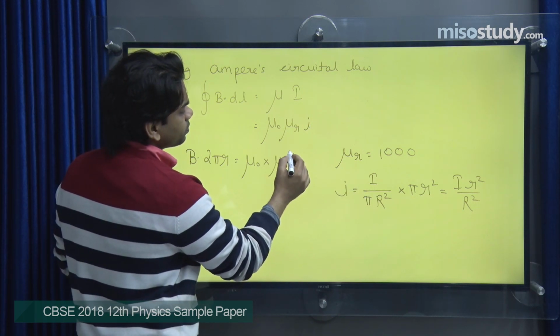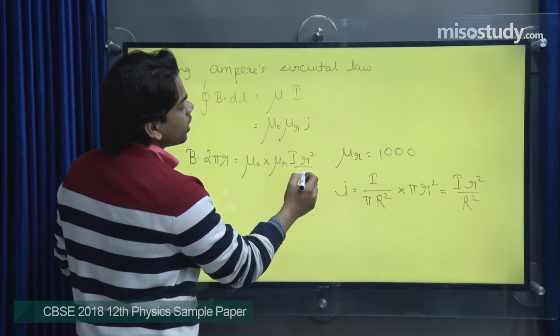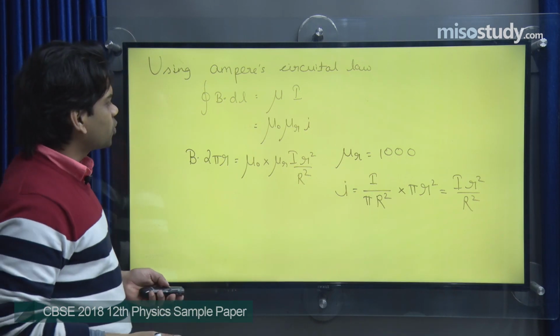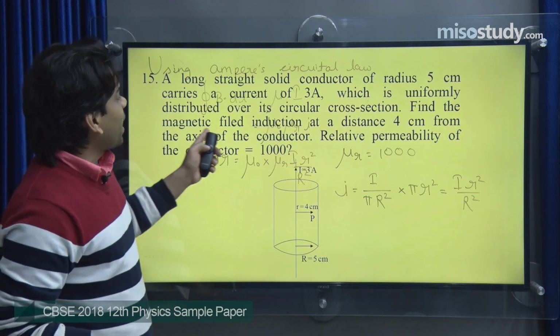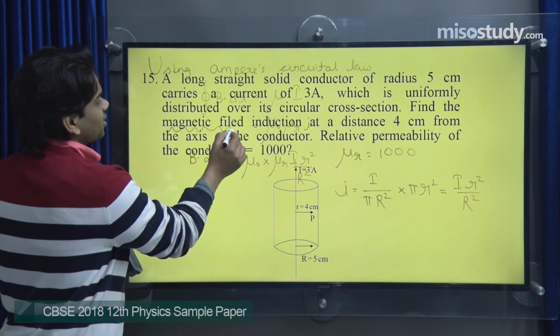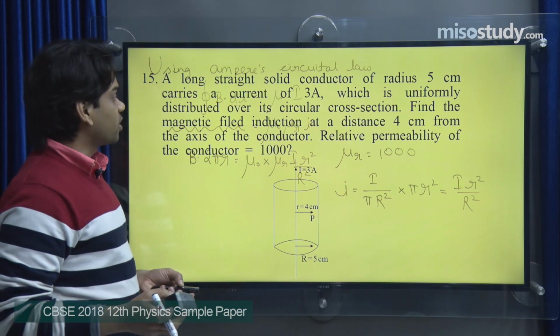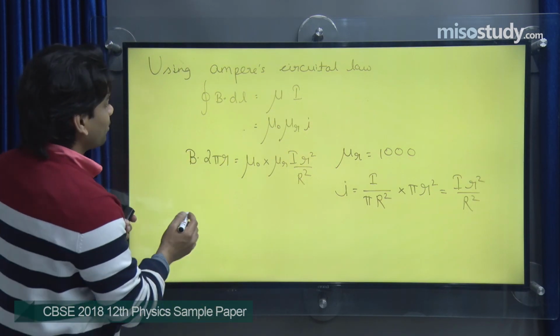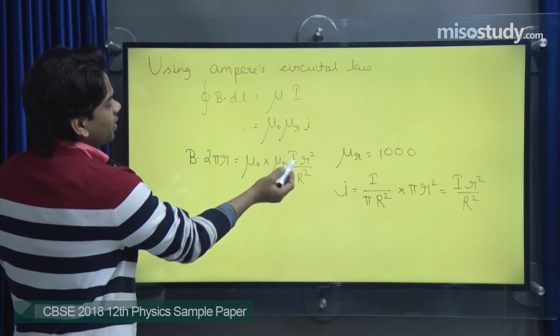I into small r square upon capital R square. We have this. Can we substitute the value or not? See, the requirement is magnetic field induction we have to evaluate. So, magnetic field induction will come out to be, you see 1 r and 1 r will be cancelled out.